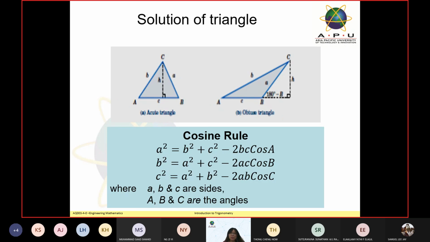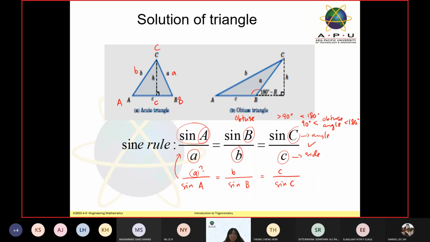Let's proceed. The other rule is the cosine rule. The cosine rule involves three sides and one angle. Just now for the sine rule, normally we just involve two angles and two sides.